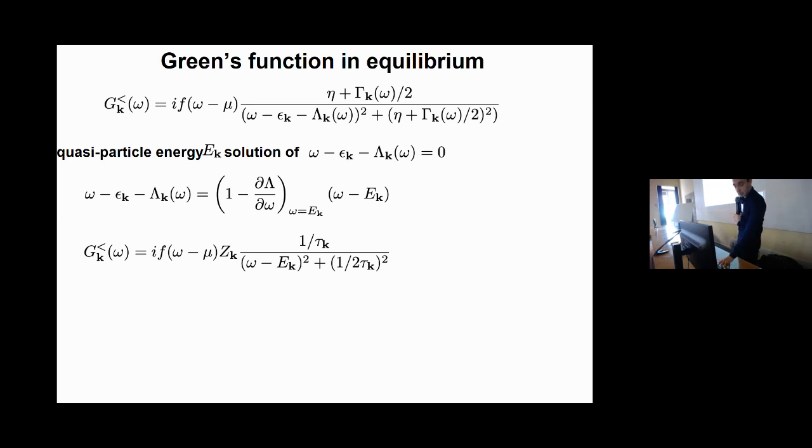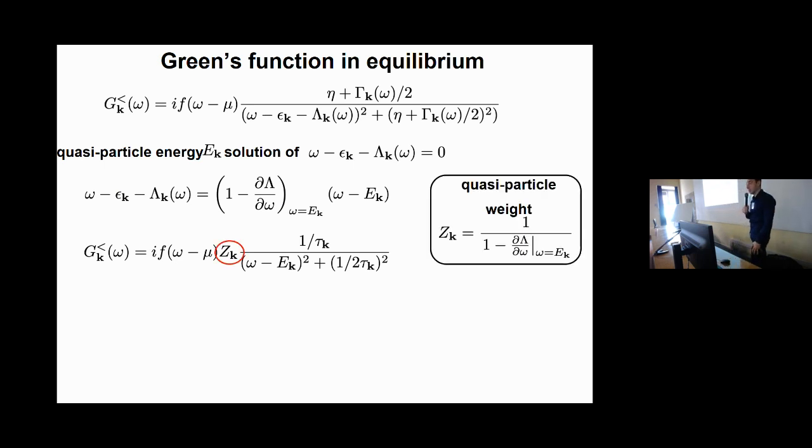There are several interesting things in this expression. First, this Lorentzian is not normalized to unity, like it was the delta function before. This is called the quasi-particle weight. What is happening here is that if we add an electron in the system and remove it after some time, the probability, even if the time at which we remove it is super short, there is no way this electron is not a good particle.